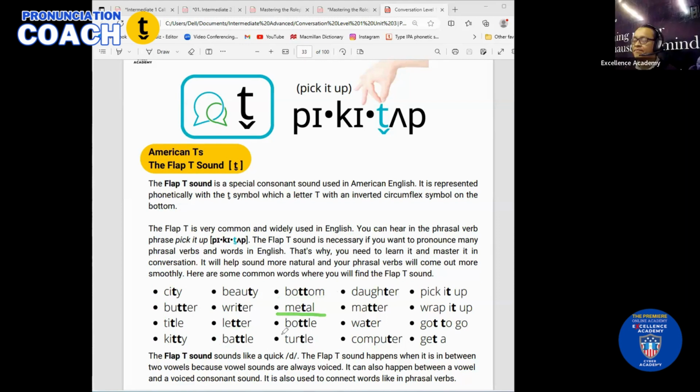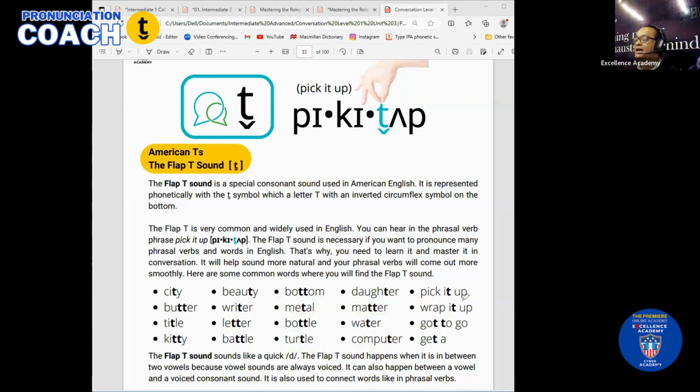Bottle. This is battle, and this is bottle. That's good. Turtle. Daughter. Matter. Water. Computer.